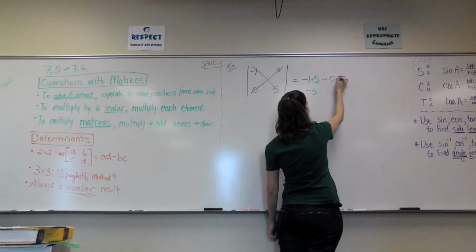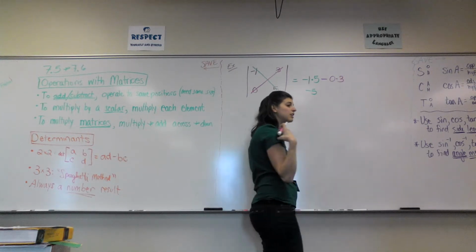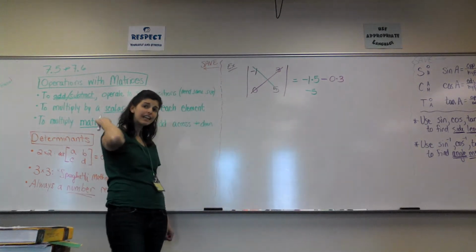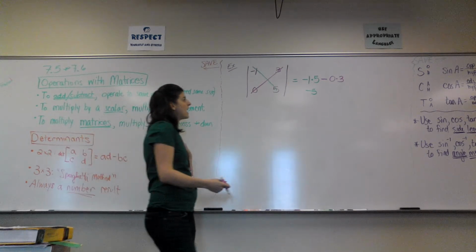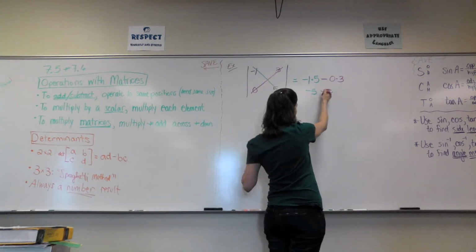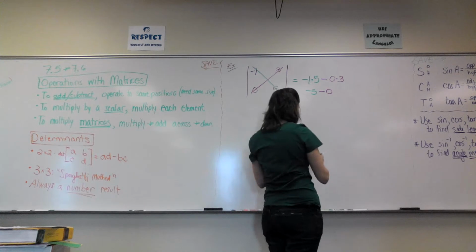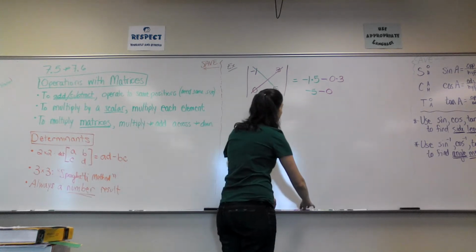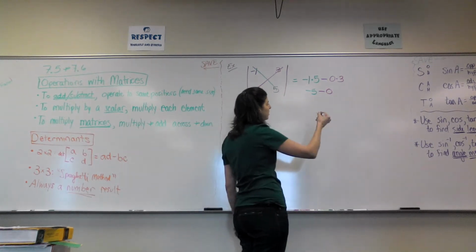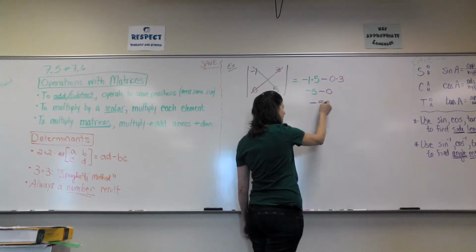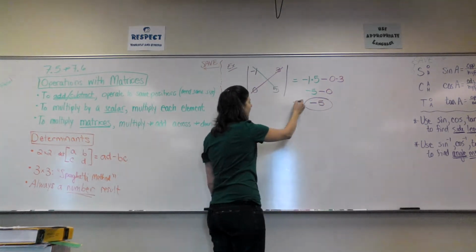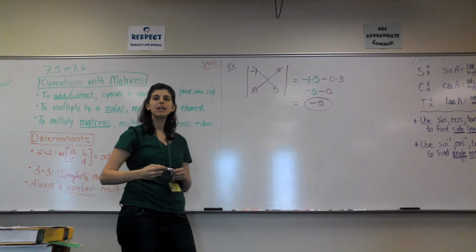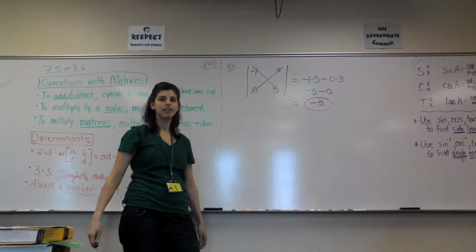Now you're subtracting again, you're going to have to be really careful not to drop negatives. So minus 0 times 3, what's 0 times 3? 0. So -5 minus 0, what's my determinant value? -5. So that matrix determinant is -5.